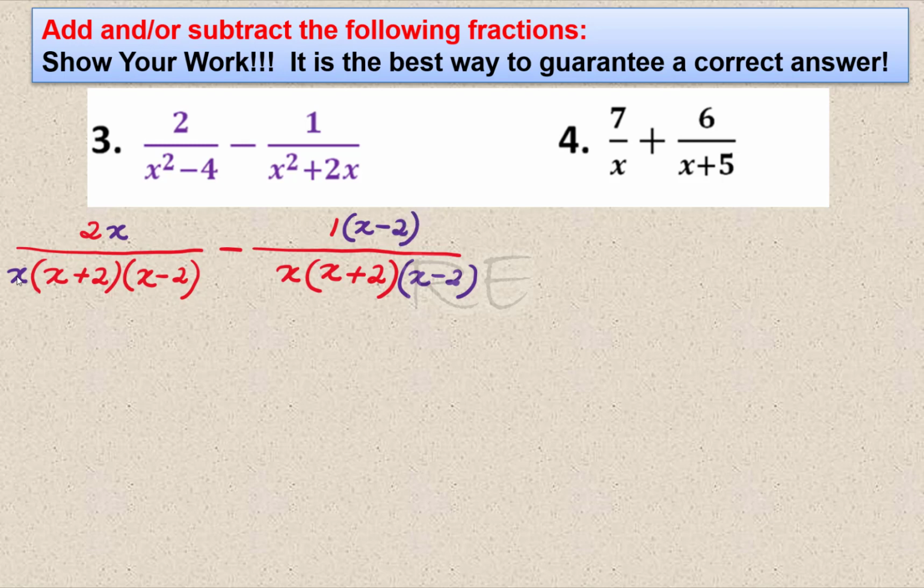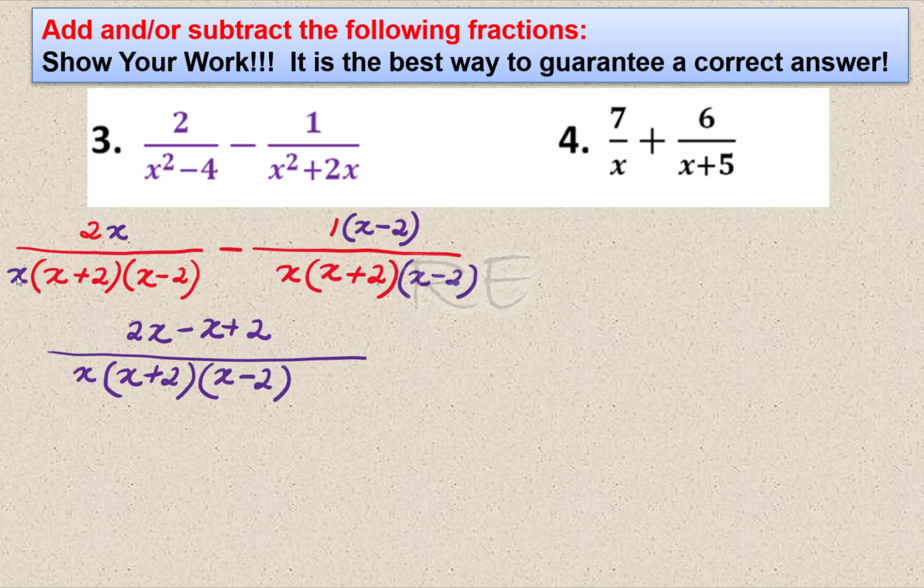Now we're going to keep our denominator and combine the numerators. We have to make sure that we distribute negative 1 over the second numerator. So we get negative x plus 2 divided by our lowest denominator. 2x minus x is just x.